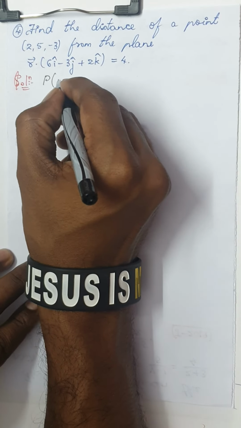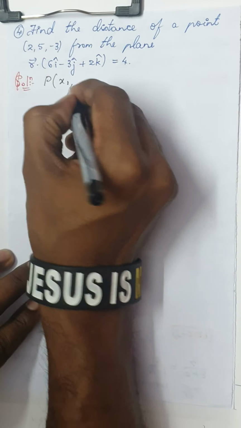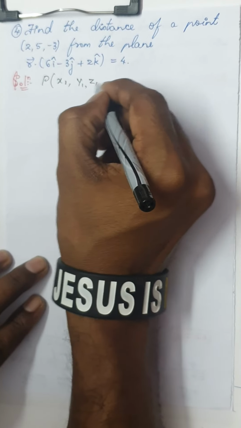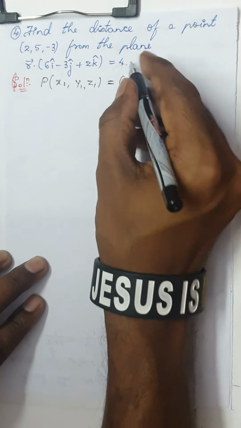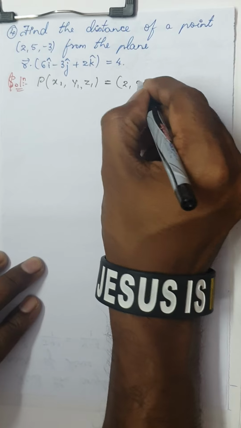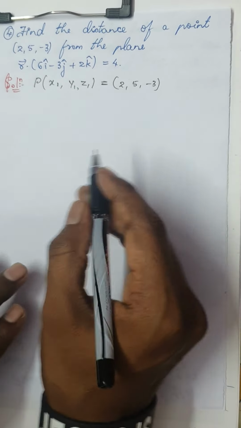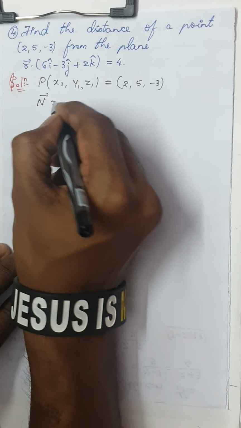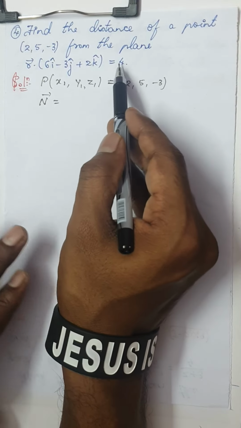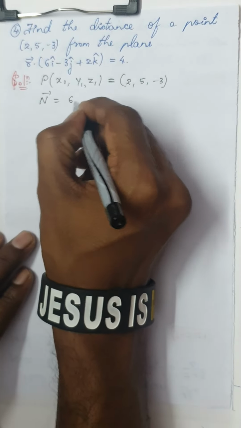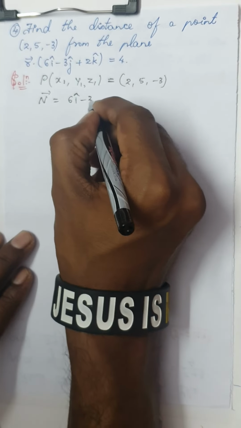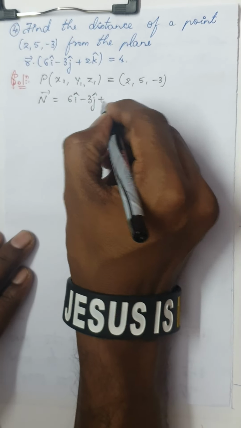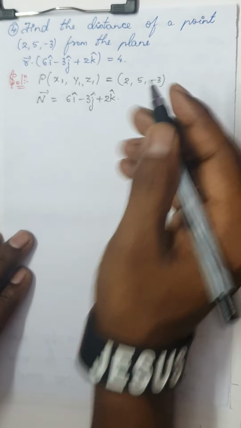P is usually considered as x1, y1 and z1, that is nothing but 2, 5 and minus 3. Usually, for the equation of the plane, we know r dot n is equal to d. So vector n is given by 6i minus 3j plus 2k.